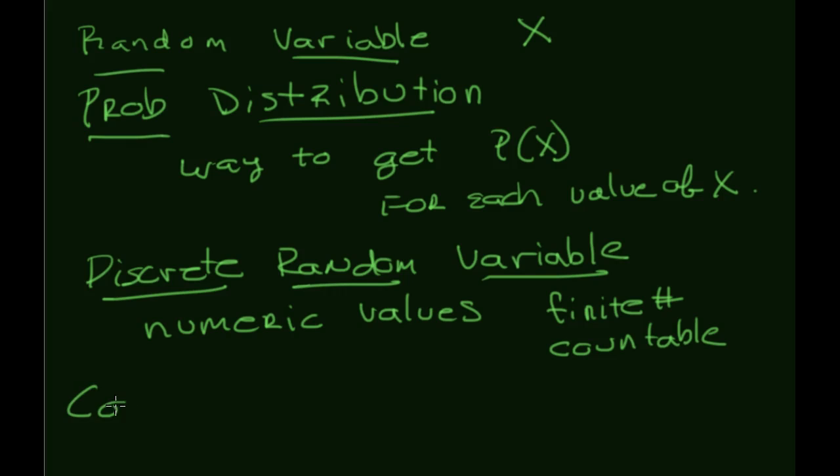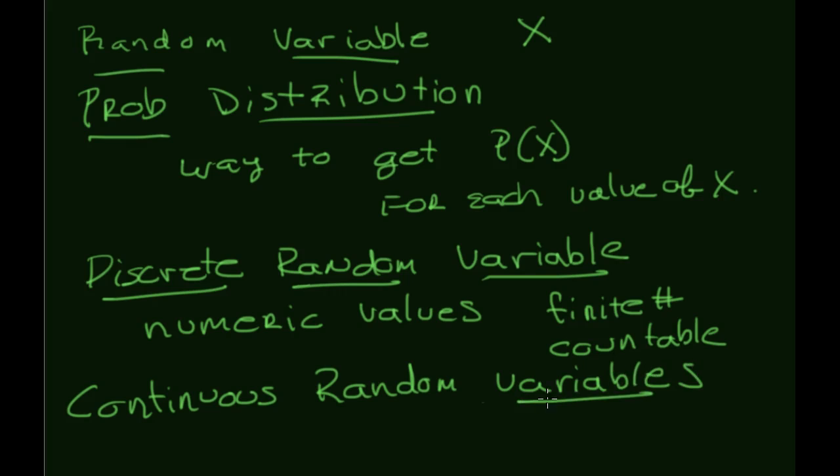And then you have continuous random variables. And here, they're numeric values, so the random variable can only take numeric values.